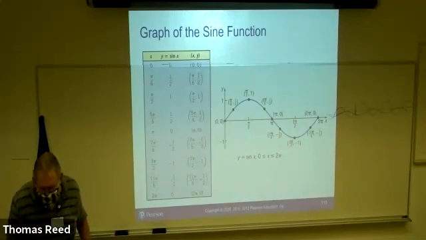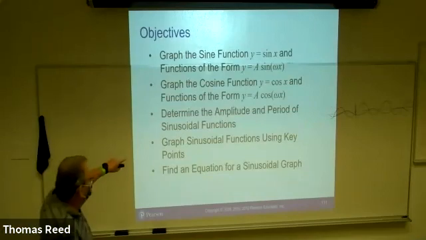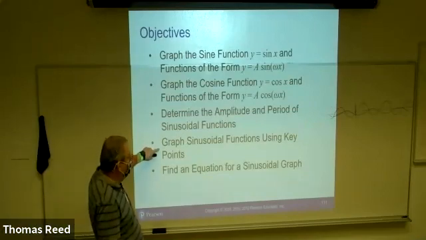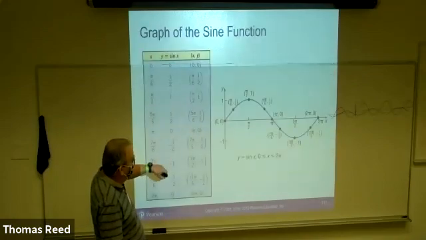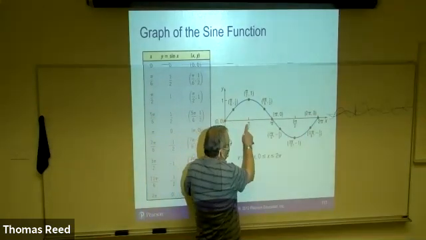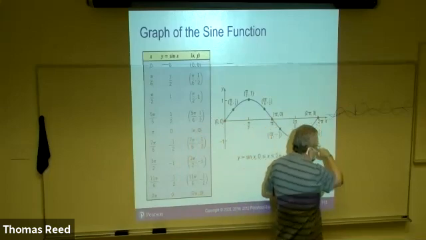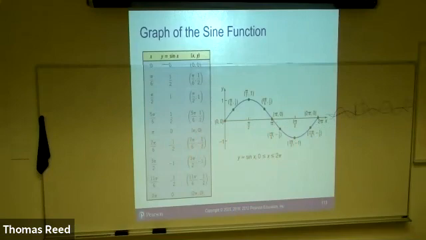So when we talk about the key values that they were talking about on this page, graph using key points, then this is what we're going to be looking at, these values here at 0, 1/2 pi, pi, 3/2 pi, 2 pi, and then 5/2 pi, 3 pi, 7/2 pi, 4 pi.